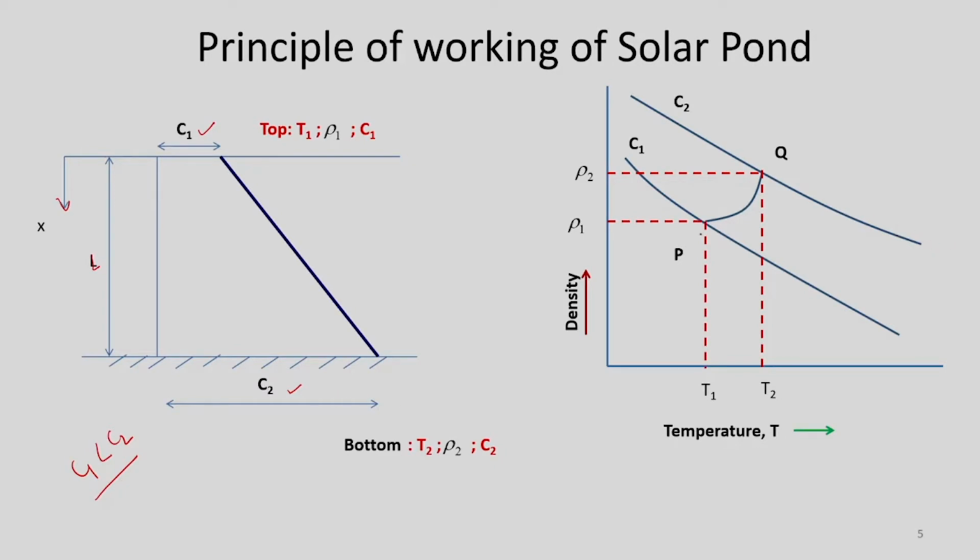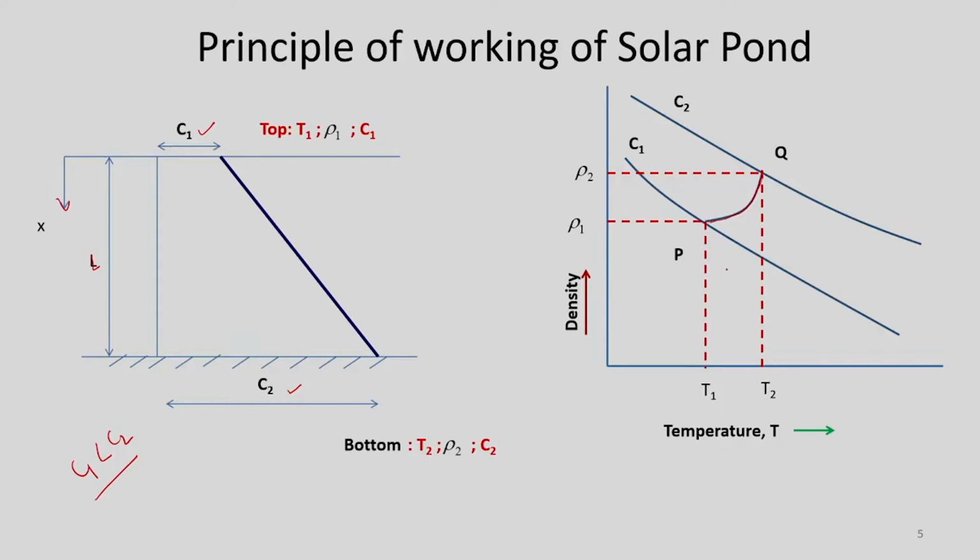Here rho 1 and T1 are the density and temperature at point P where C1 meets, and rho 2 and T2 are the density and temperature at the bottom layer. There will be a profile of variation of density with respect to temperature like this.